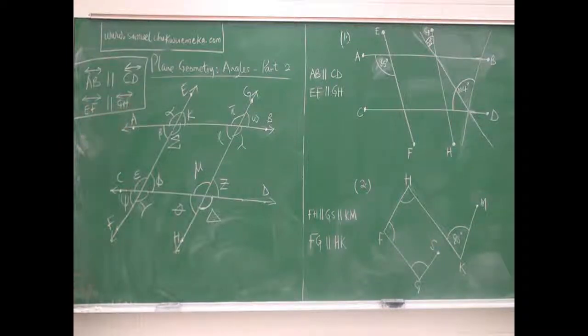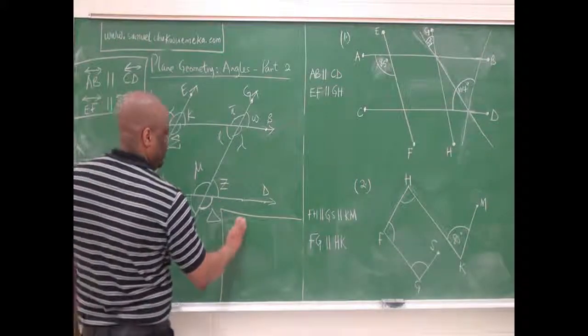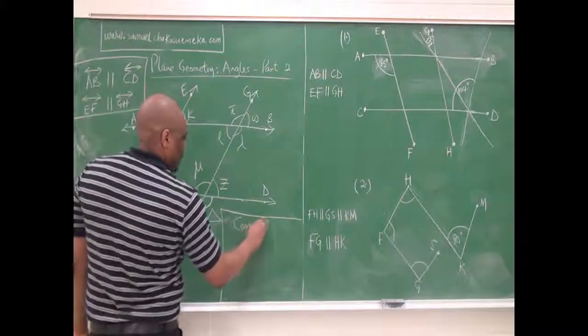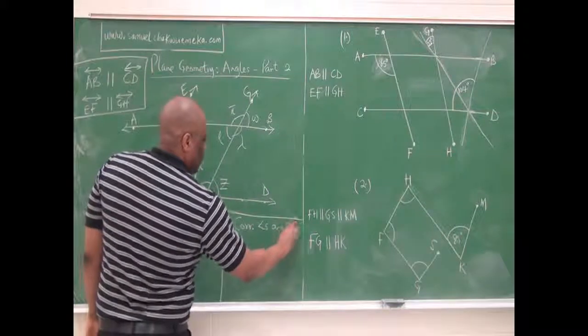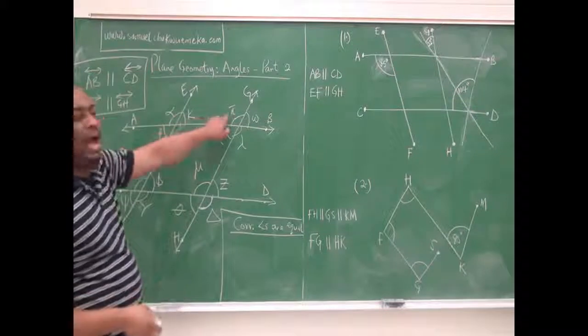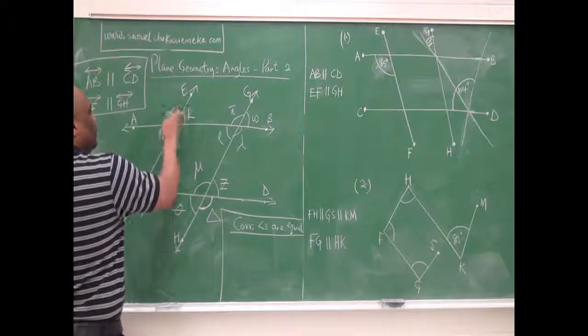So let's look at this now. Corresponding angles. Let's look at all the corresponding angles. Corresponding angles are equal. Alpha and pi, because look, it is on the same traversal.